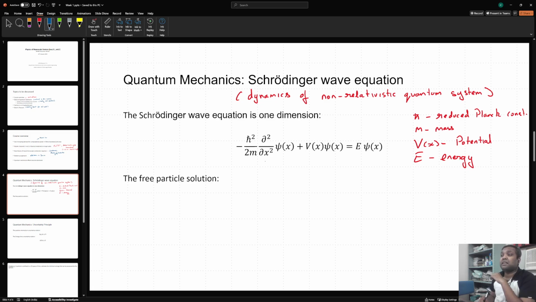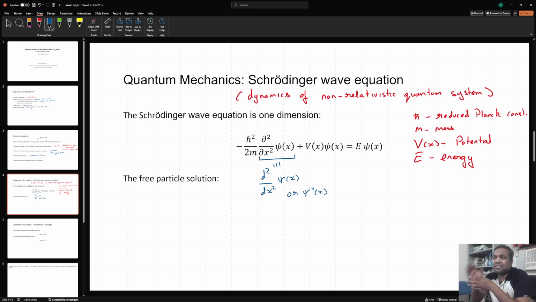The mathematically minded listeners and attendees will be inclined to ask why I am using the partial derivative here. Since I have explicitly mentioned that this is a 1D system, if I were to be technically correct, I should have written this as the proper derivative, the entire derivative of this, or alternatively, I should have written this as psi double prime of x.